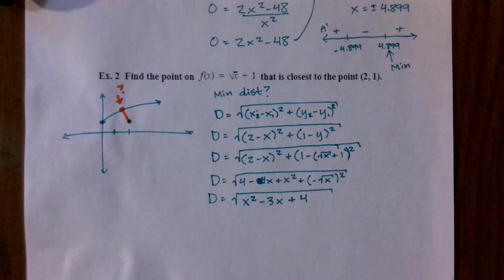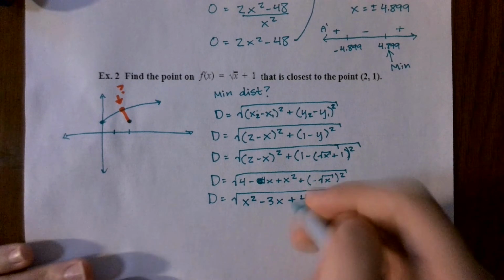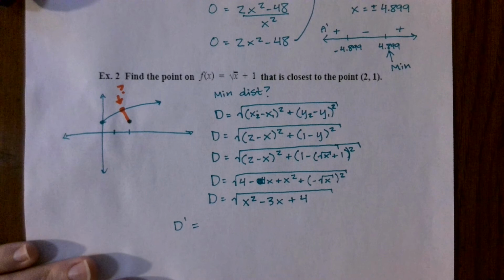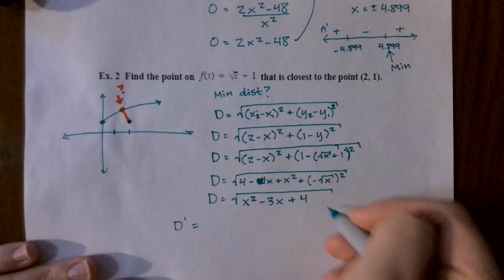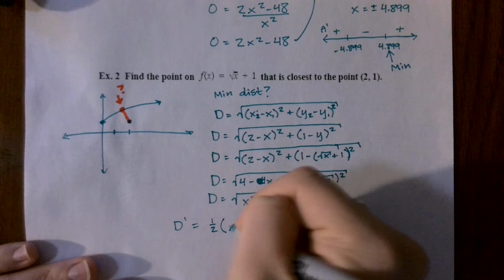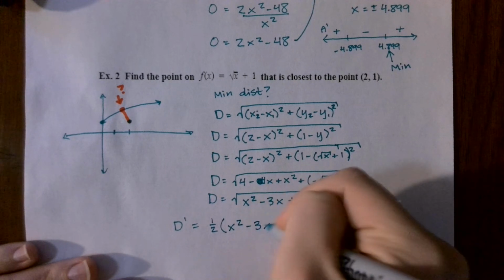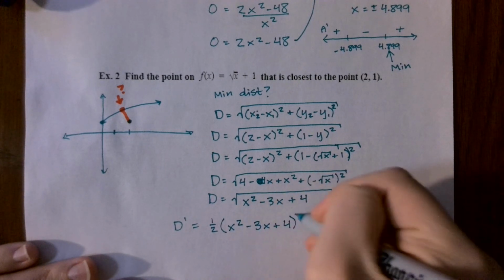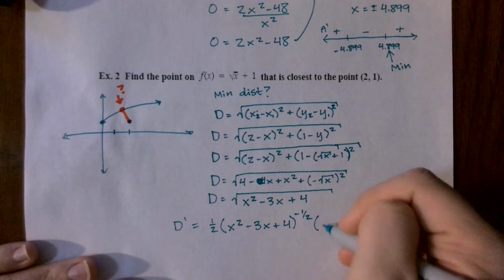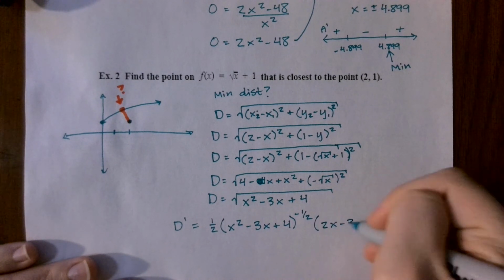Okay. So now I'm in a place where this is much easier to take the derivative. So my distance prime, d prime, I'm using the chain rule, so I've got a 1/2 times everything that's underneath the radical, all raised to the negative half, and then multiplying by the derivative of the inside, so 2x minus 3.